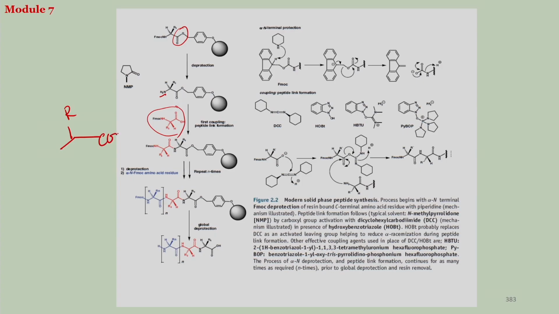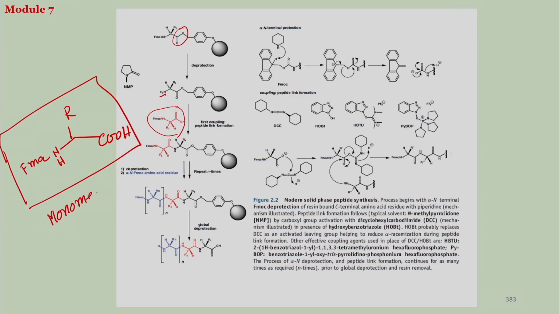This is acid, NH, FMOC. This is your monomer for solid phase peptide synthesis. So, you use this along with the coupling reagent, then you will have the peptide bond formation, this peptide bond, and again a FMOC. Further, in the next step again you cleave the FMOC, add another monomer with a different amino acid and continue it.